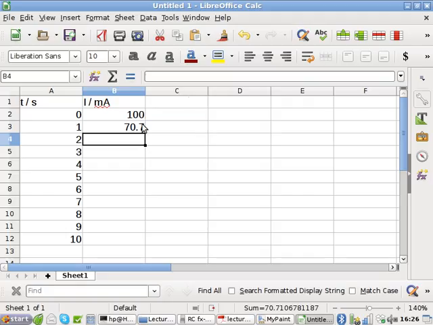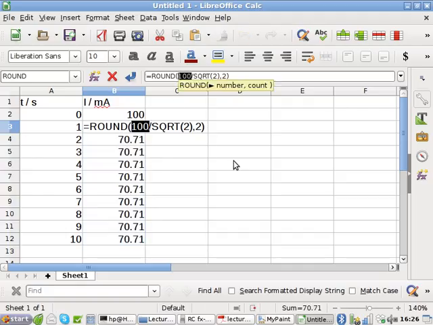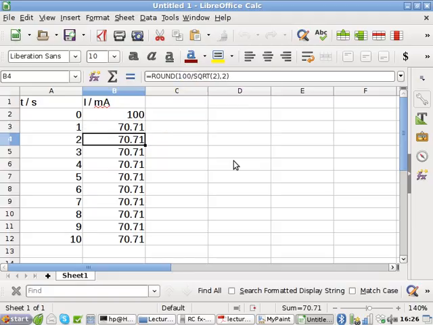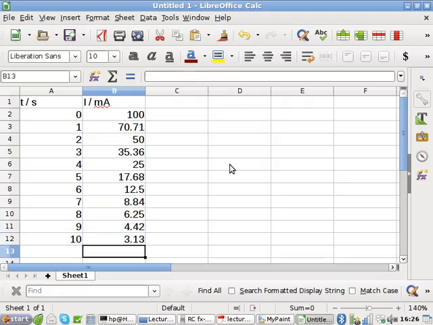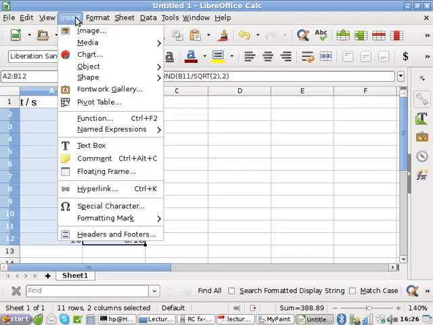Is the next one 50? Yeah. Now, let's make the graph here. Are you writing this down?